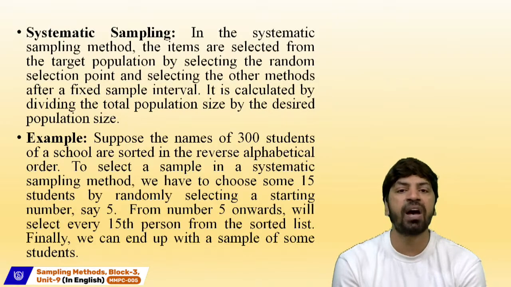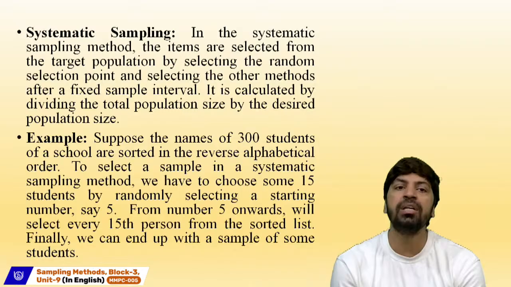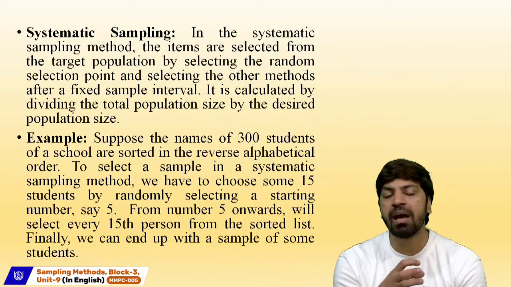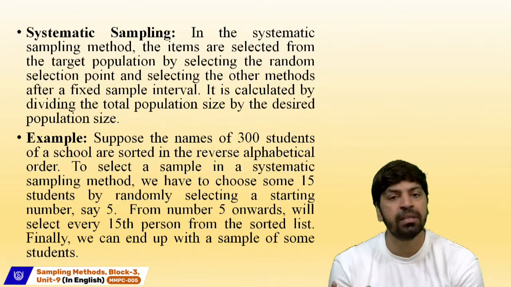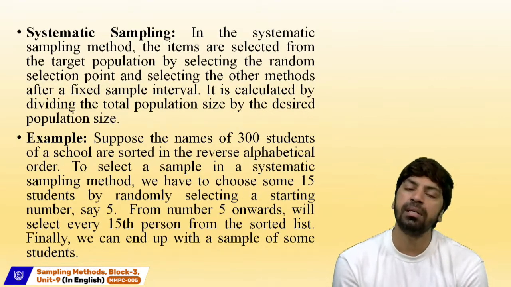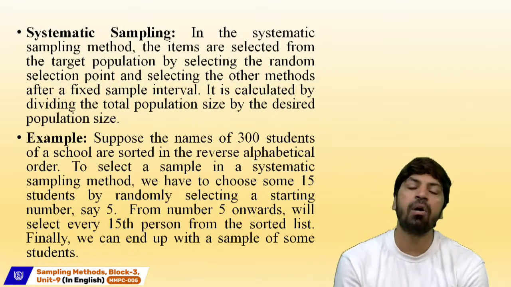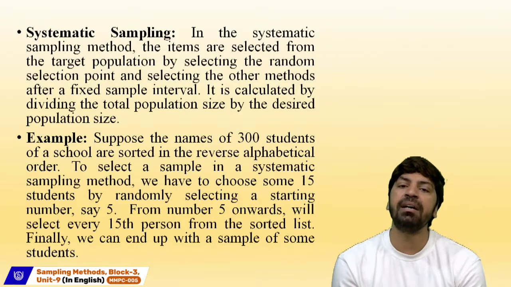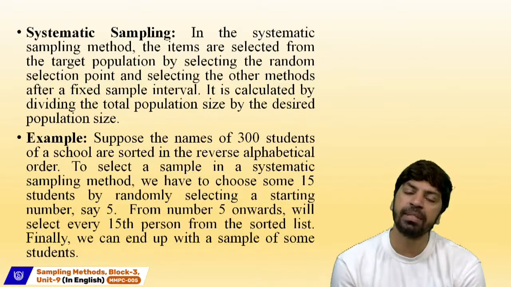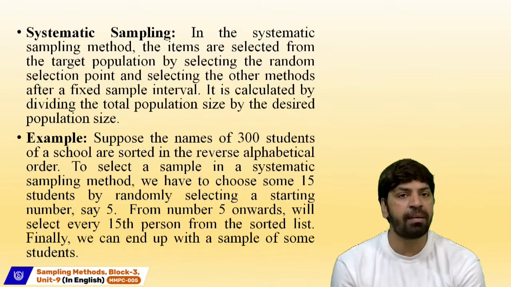That means 5, then 10, 15, 20, 25, and so on. If any individual exists at these numbers, we select that individual for the study by gathering data or information from them. So finally, we end up with a sample of students, and that is called systematic sampling.